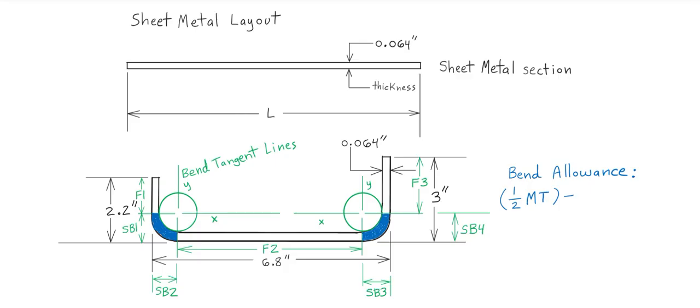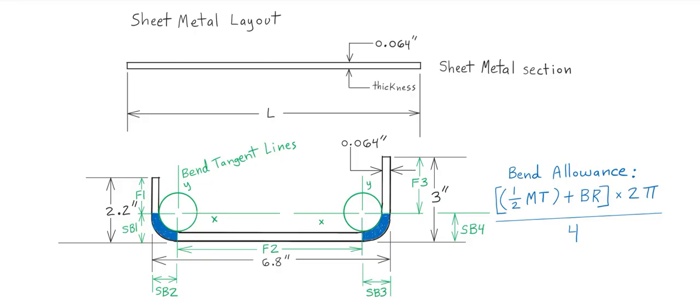So to get the actual bend allowance, sometimes it's actually specified. If so, then you can just add it to the flats. But just in case if it isn't, you can use this formula. You can just take half the metal thickness, the sheet metal thickness, then add it to the bend radius, and then multiply it times 2 pi, the number of radians to a circle, and then divide it into 4, which is then a quarter circle radians.